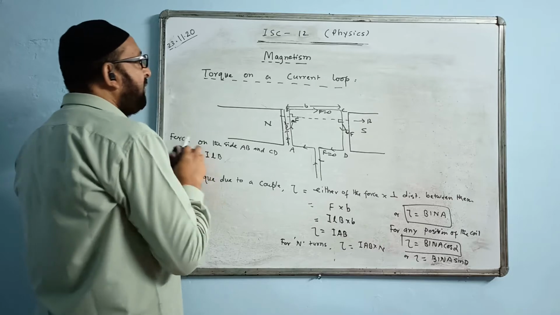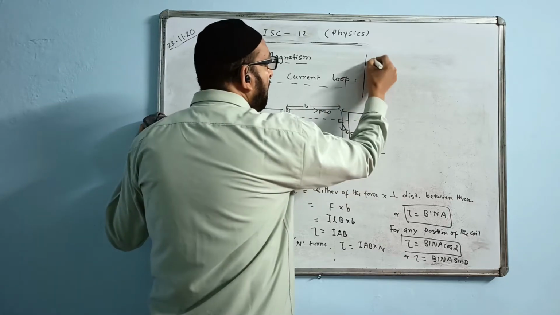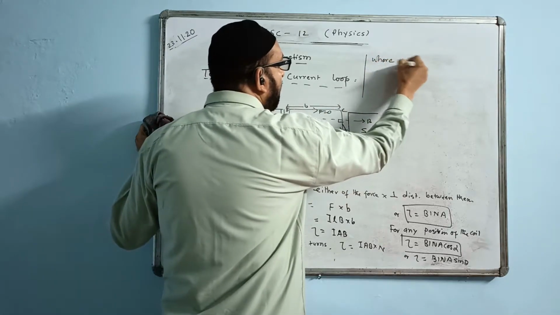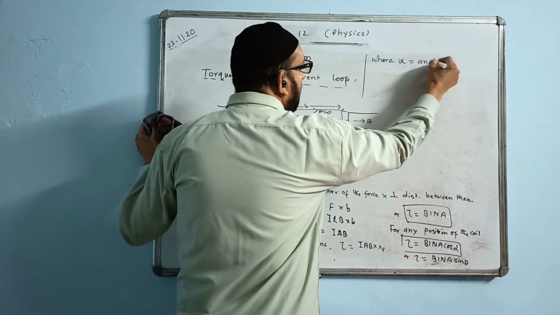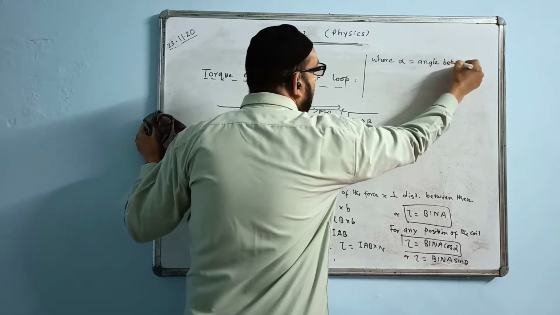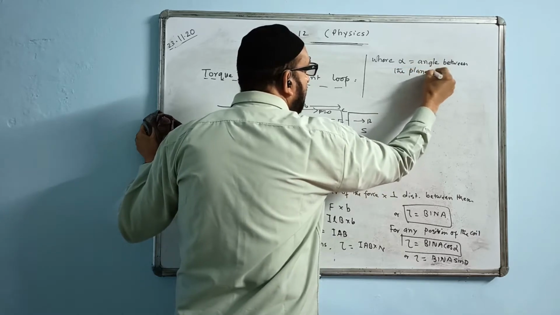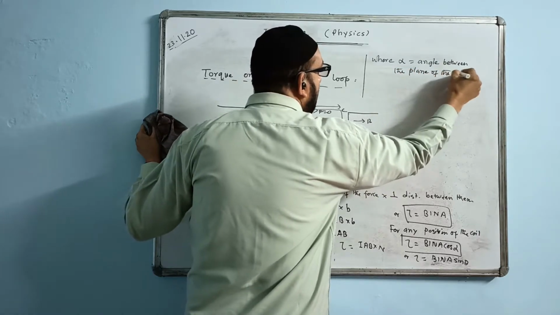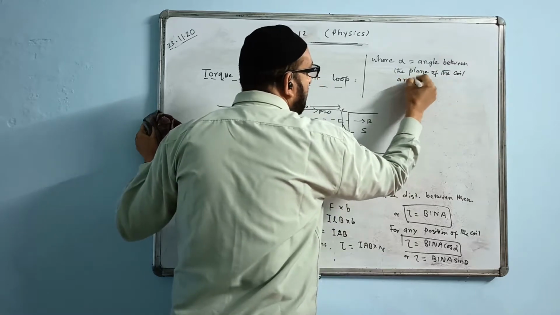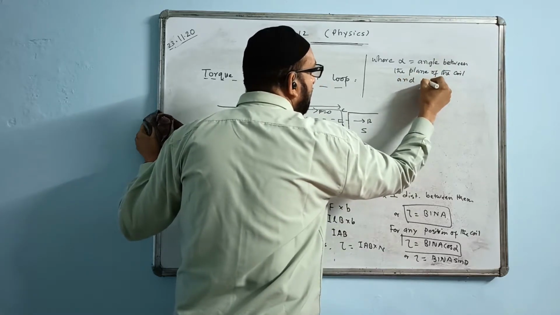After writing this, you can write where alpha is equal to the angle between the plane of the coil and the magnetic field.